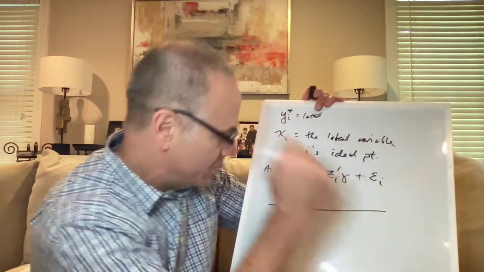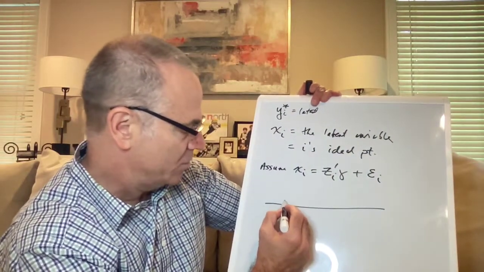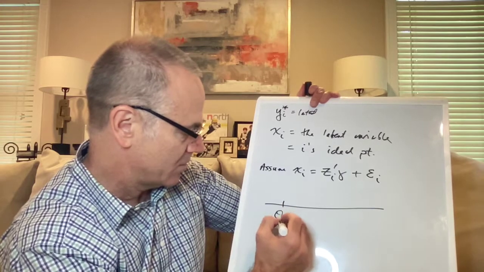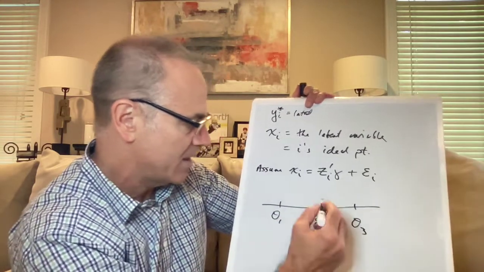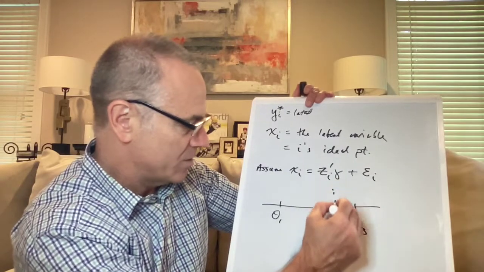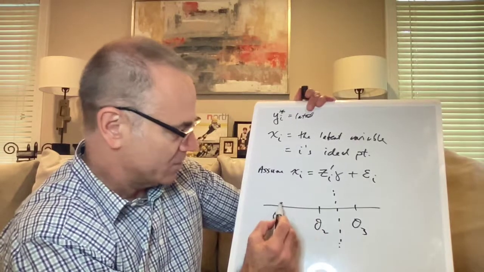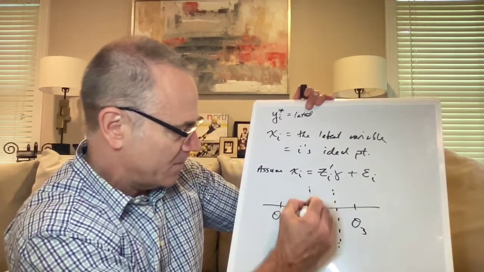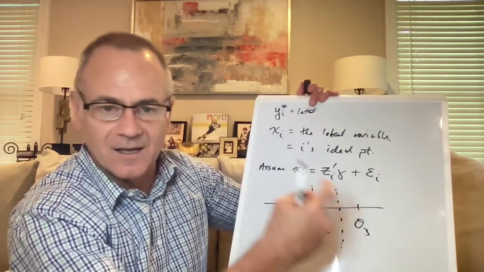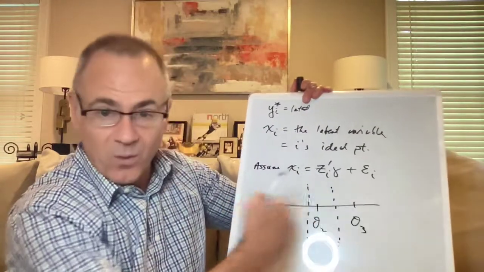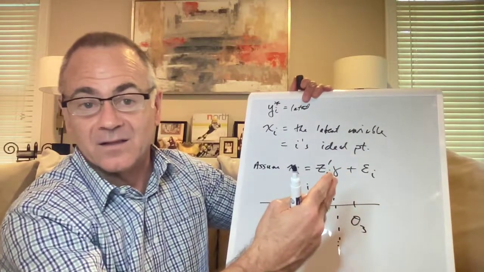Now, we're going to have two different votes, and they're going to have a theta 1, theta 2, and a theta 3. So they had one vote where it's theta 2 versus theta 3, and then another vote where it's theta 1 versus theta 3. And each one of those makes a cut point. That's the midpoint between the two alternatives that separate the legislators.